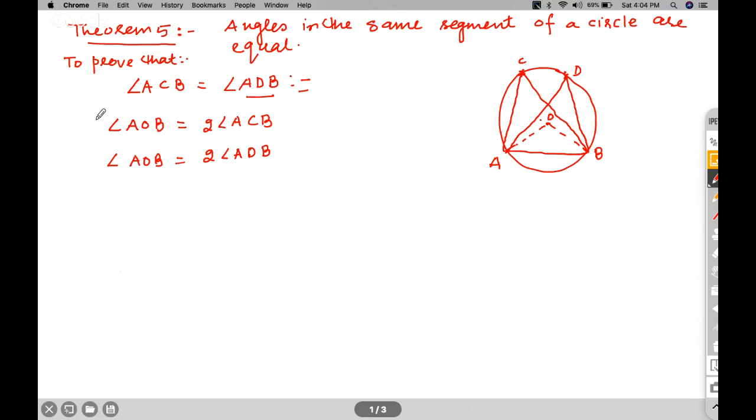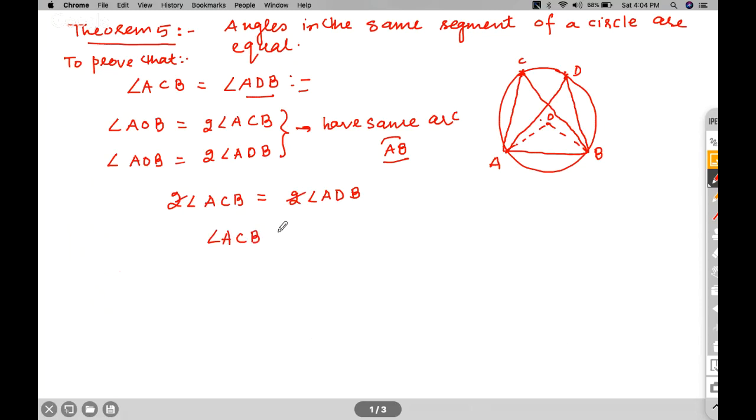Because both these angles have the same arc AB. So that is why I can write that 2 times angle ACB is equal to 2 times angle ADB. And the 2 and 2 cancel, you get angle ACB is equal to angle ADB. So this is what it is.